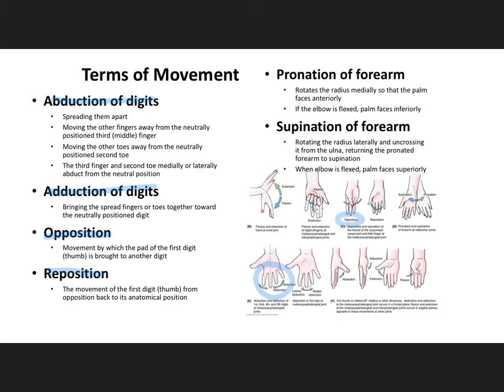Opposition means we can take the pad of the thumb and touch it to each of the other 4 fingers. In reposition, we just move it back to neutral. One final point I want to make here is that abduction of the thumb is not out to the side, it's out to the front. So we move the thumb towards the front, out towards the wrist as we move the fingers apart.